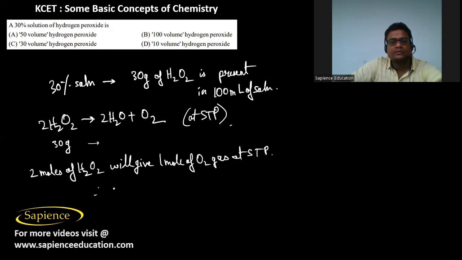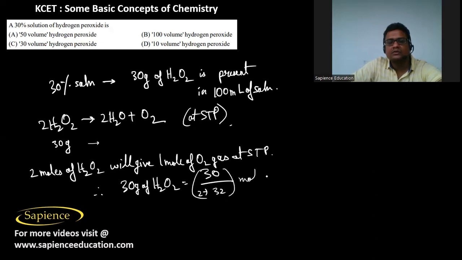Now 30 gram of H2O2 means how many moles of H2O2, that we have to find. So 30 gram divided by the molar mass of H2O2, that is 2 plus 32, that is 34. So that is 30 by 34 mole, or I can say 15 by 17 mole of H2O2.